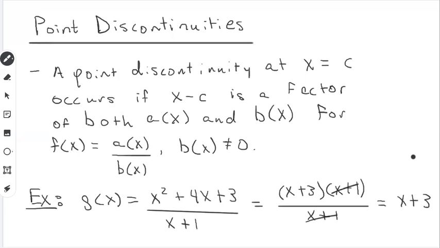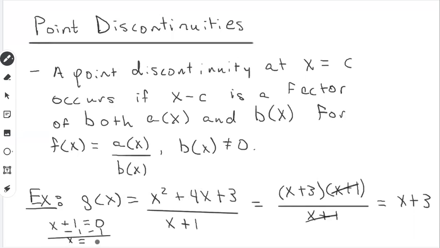But we want to find point discontinuities, right? So we're going to take those terms that we crossed out and set them equal to 0. I'm going to set the x plus 1 equal to 0 and solve for x, because that's going to have the missing point. I subtract 1 on both sides, and I get x equals -1.